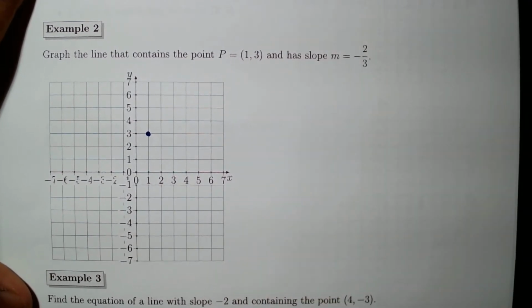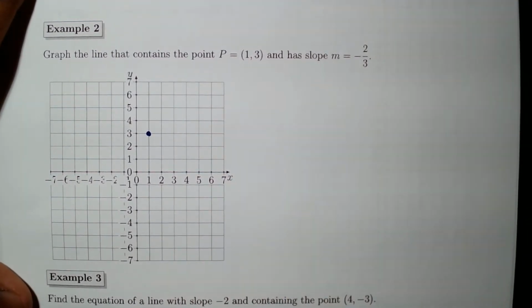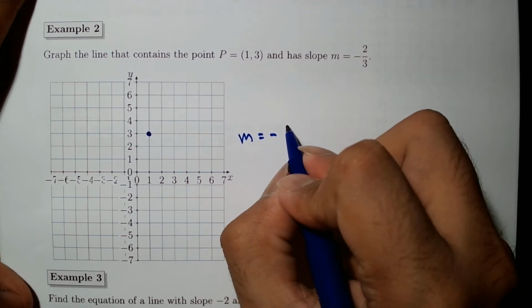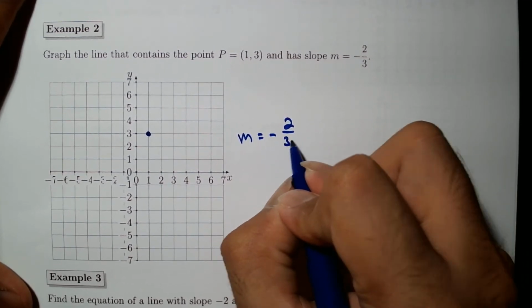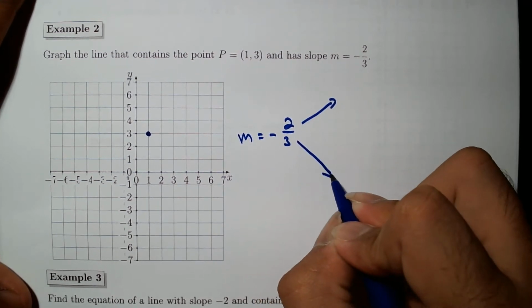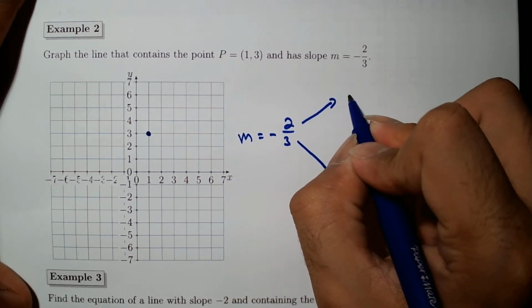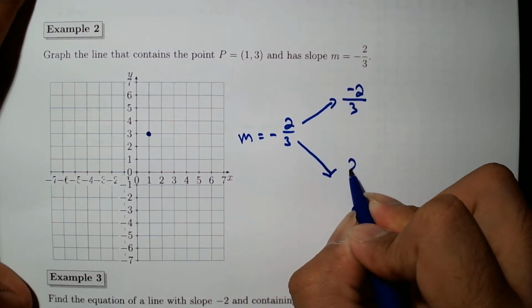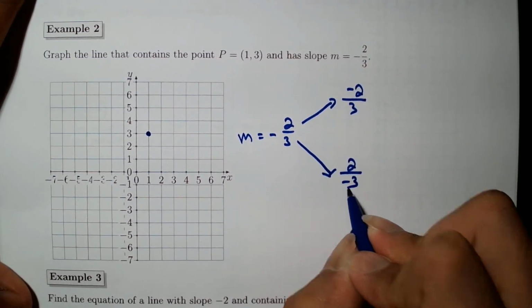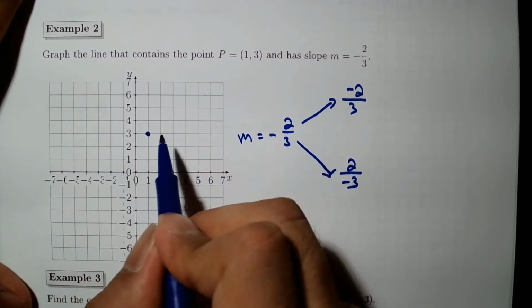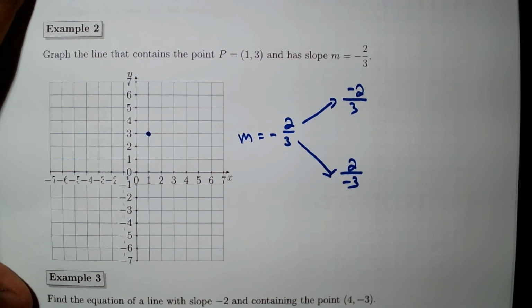Every time we have a negative slope, like in this case, we can do the following. m equals, and when the negative is in the front, we can interpret this in two different ways. Either the negative is in the numerator or the negative is in the denominator, and visualizing these two ways is going to help us when it comes to drawing the graph of the line.